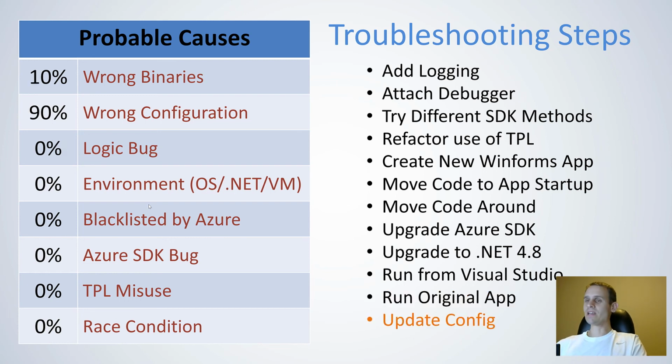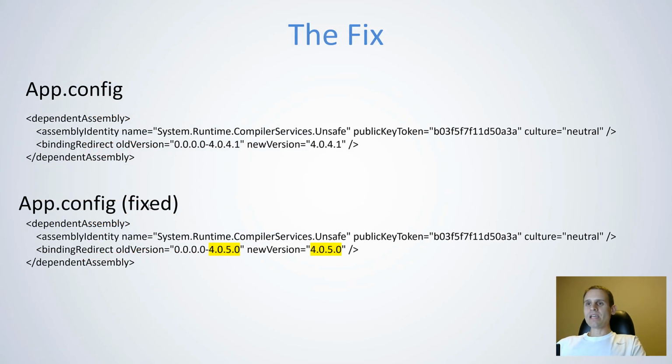So I went ahead and updated the config for the broken application. And that is actually what was the issue. It turns out that in the broken application, the binding redirect for the system runtime compiler services was incorrect. What I mean by that is the working application had a redirect of 4.0.5.0, but my broken application, because of some other changes I'd made updating some packages, actually had a slightly older version binding redirect.